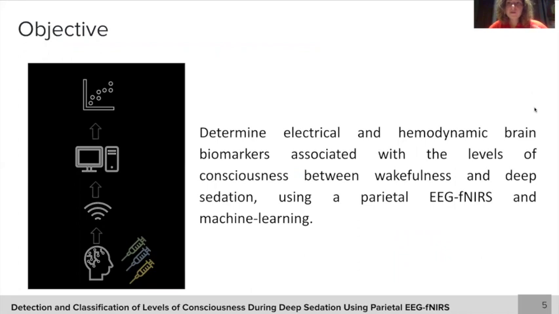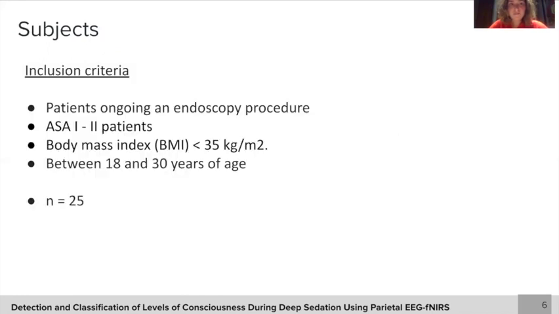So with this, our objective is to determine the electrical and hemodynamic brain biomarkers associated with the levels of consciousness between wakefulness and deep sedation using a parietal EEG-fNIRS and machine learning. Our subjects will be relatively healthy patients undergoing an endoscopy procedure, because this is a relatively stable and safe procedure.